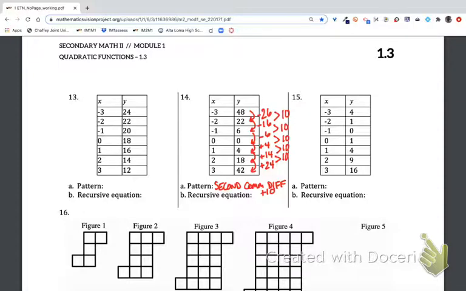And since it's a second common difference of 10, we can set up our recursive equation. F of 1 is equal to 4.